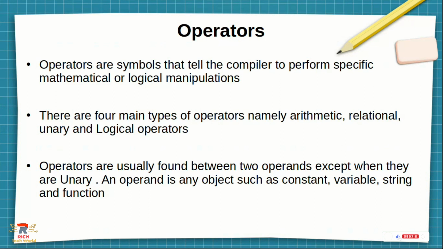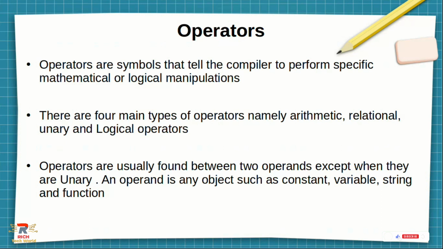Another thing you need to know about operators is that they are usually found between two operands, except when they are unary. An operand is any object such as a constant, variable, string, or a function. To explain that, let me give an example.